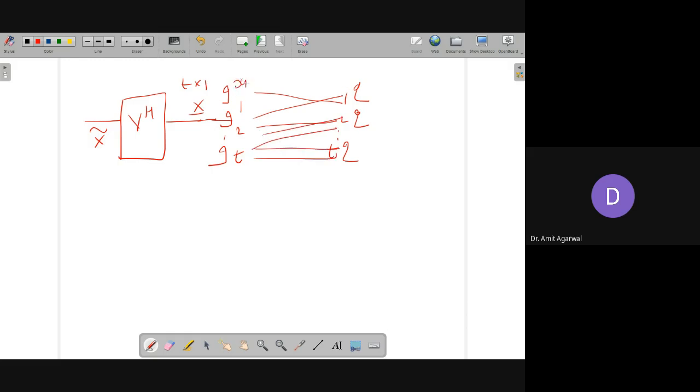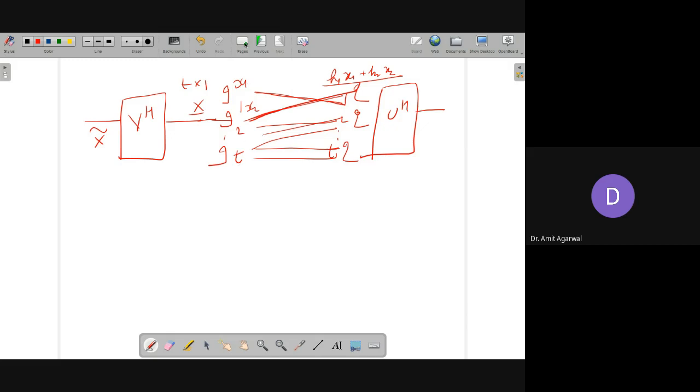If this is X1, each antenna will receive h1 x1 plus h2 x2, something like that, right? Some portion of this signal, some portion of this signal. But if you do something interesting, you can convert this channel into parallel channels. This is the main reason for doing SVD.